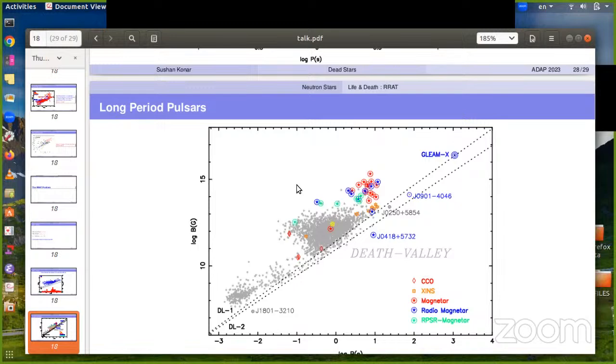So there are 200 RRATs, creating an artificial population in terms of the magnetic field. Now we can do a proper population comparison with the nulling pulsars.